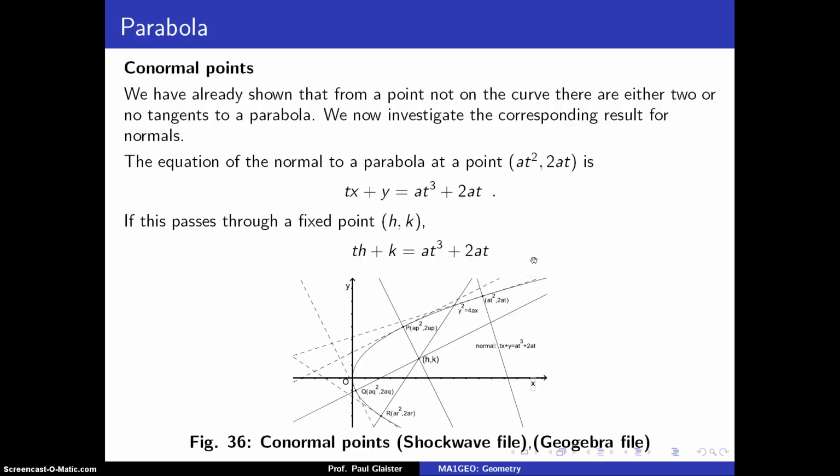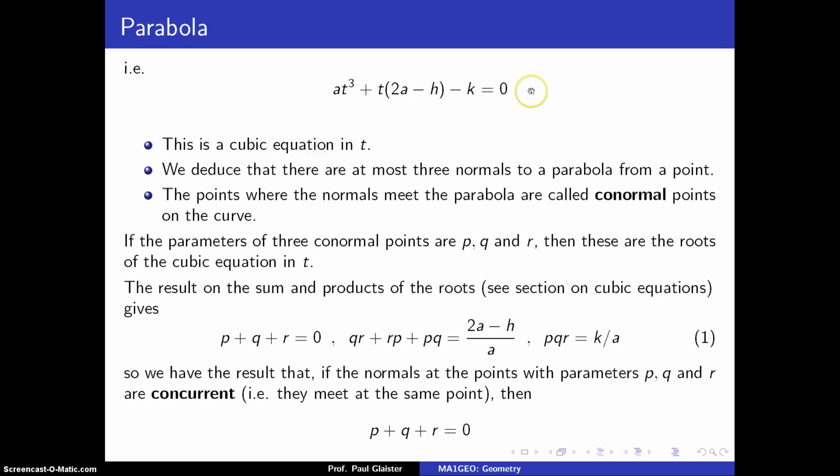However, what we can see is that that expression on rearrangement represents a cubic equation for t. Now in the same way that before for tangents we could determine two tangents from a point in the plane to the parabola because the 2 points satisfied a quadratic equation, in this case we see that a parameter t satisfies a cubic equation if the normal at that point passes through (h, k).